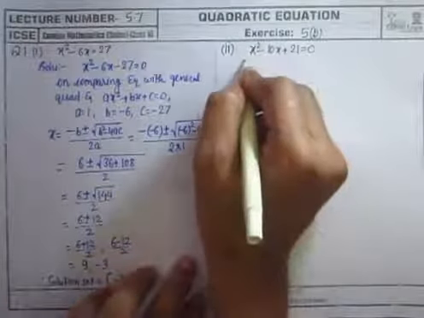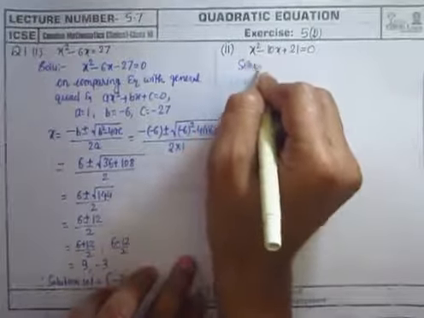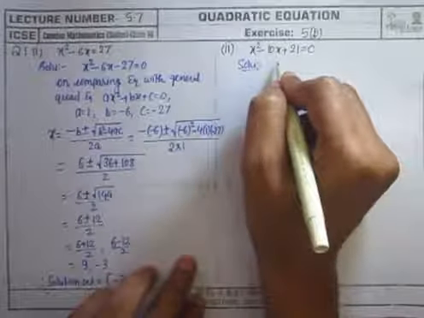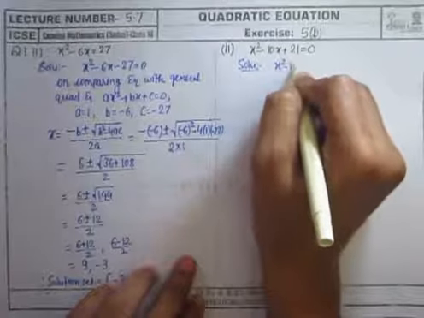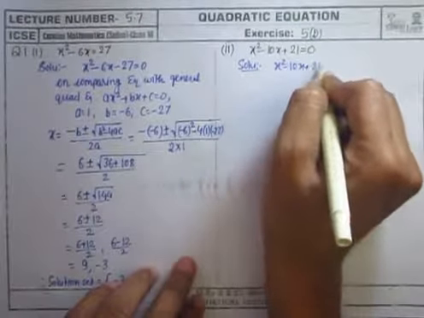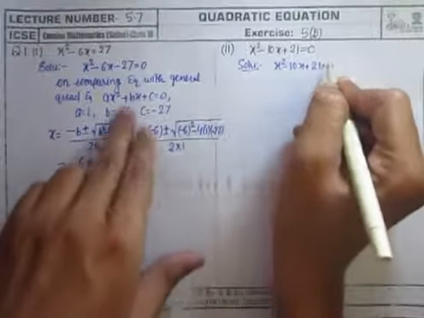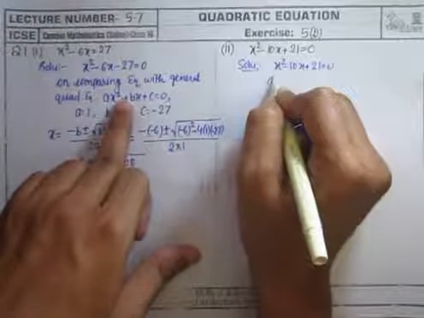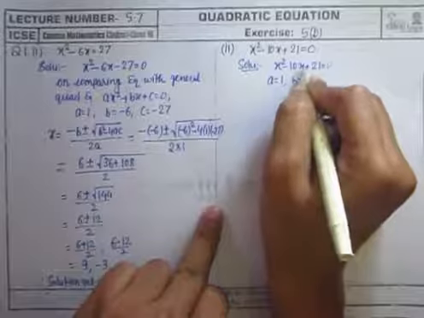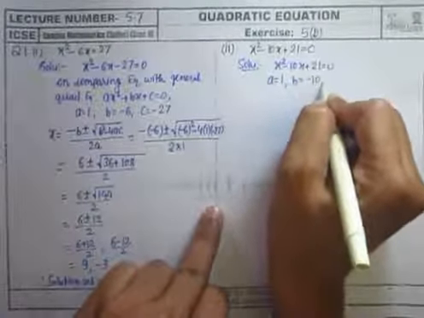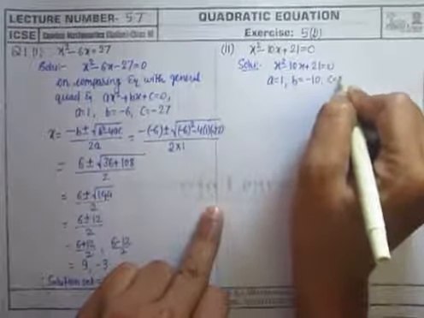So here the solution is comparing this equation with the general quadratic equation. So you will get a equal to 1, b is the coefficient of x, so it is minus 10, and c is the constant term, so it will be plus 21.